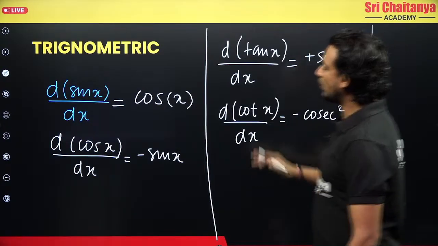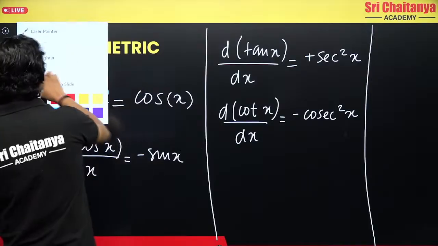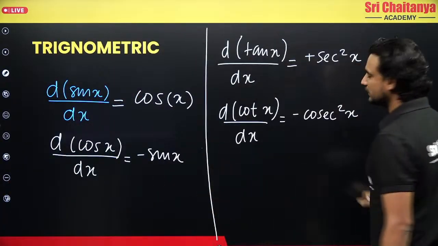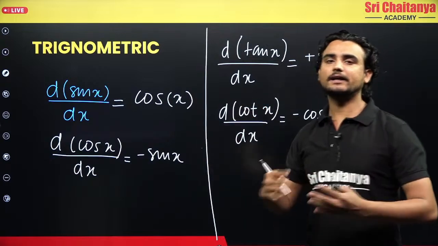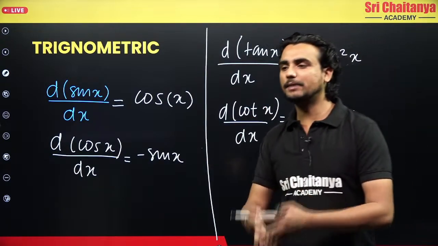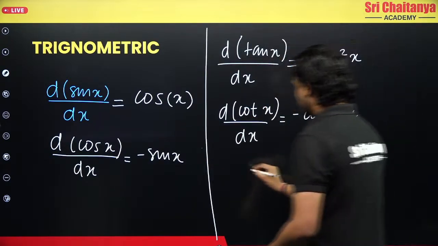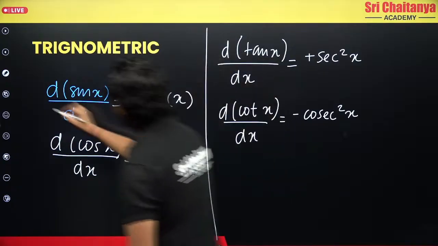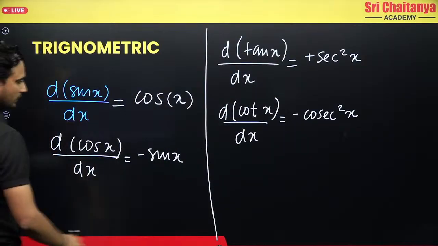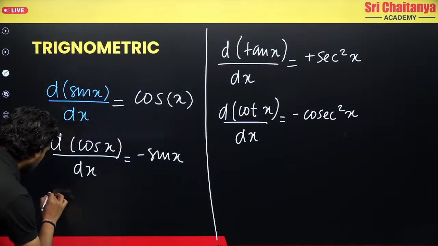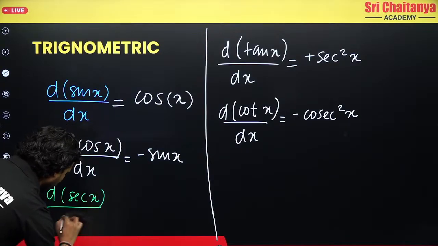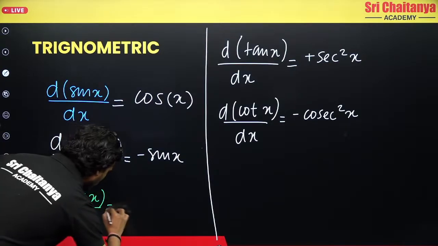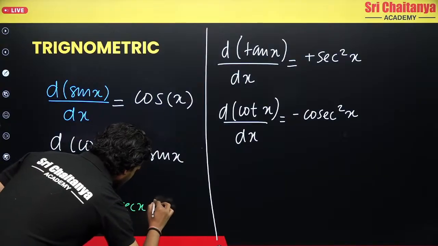Okay, you should all remember this. See, this is not intuitive, but there is some logic behind it. We can derive all these formulas, but right now the important thing is for you to remember them. Next, differentiation of sec x with respect to x is equal to sec x tan x.